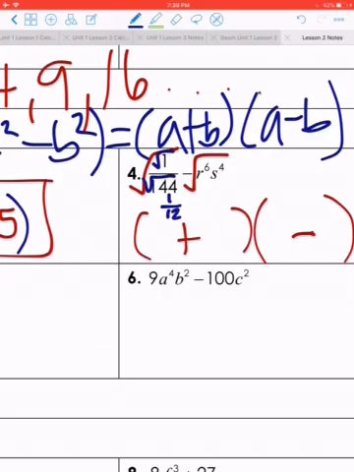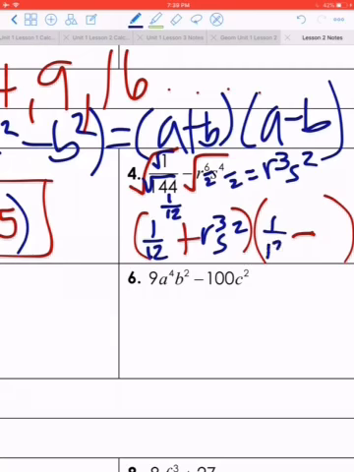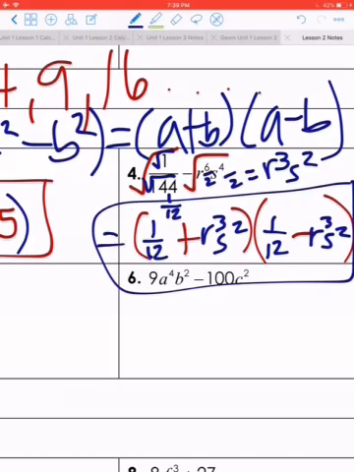Then the square root of r to the 6th s to the 4th: the square root is the same thing as the 1/2 root, so if you divide the exponents by 2, that's square rooting. So that would be r to the 3rd s squared. Let's put those in our factors: 1 over 12 plus r to the 3rd s squared, times 1 over 12 minus r to the 3rd s squared. That's the factored form of number 4.